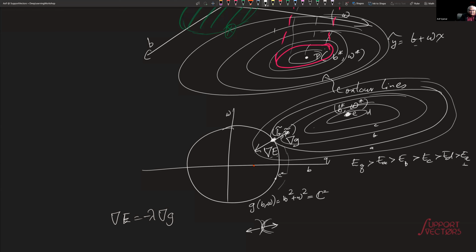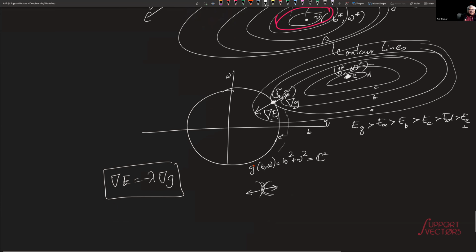All you know is they are opposite to each other, but you don't know what the proportionality factor is. And you come to this beautiful result. And by the way, this reasoning was argued not just in machine learning. The first person, the mathematician who argued doing optimization with constraints was a famous mathematician named Lagrange. And this lambda is named in his honor. It is called the Lagrange multiplier.